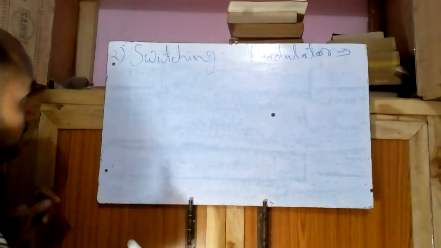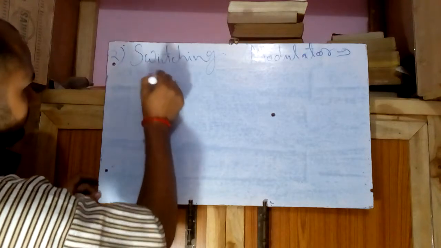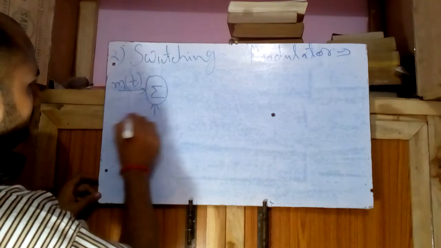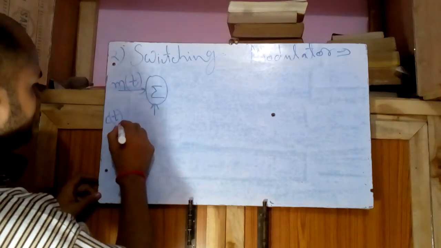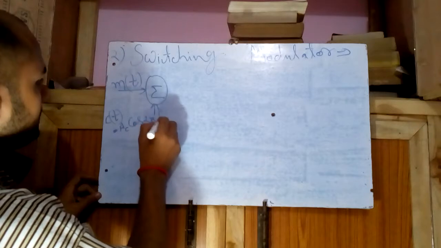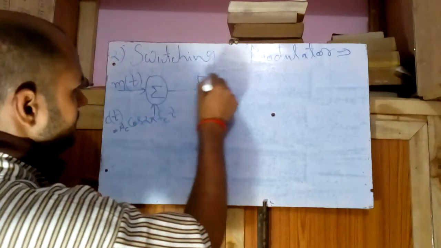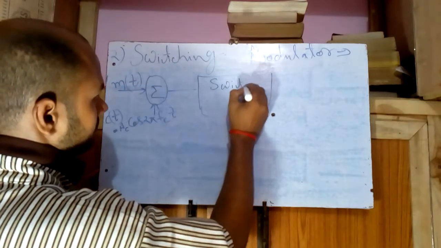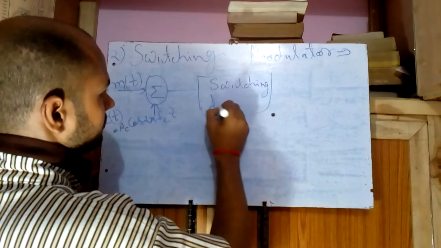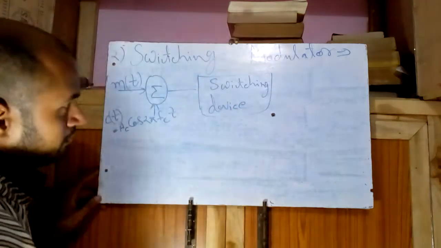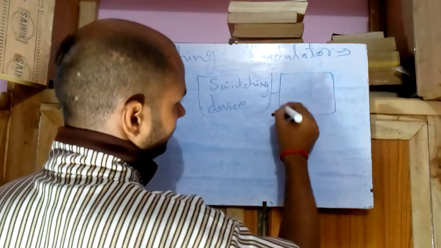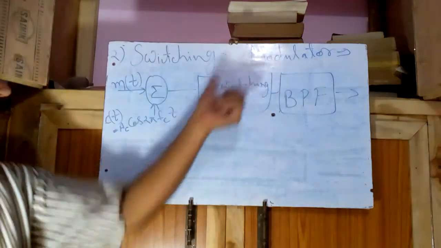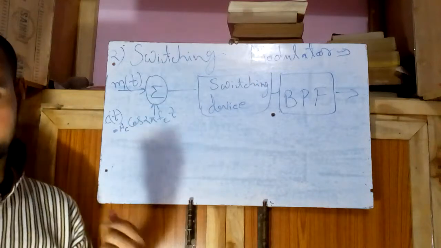In the switching modulator, again the block diagram: this is summation, this is the message, this is the carrier c(t), that is AC cos 2 pi FCT, and this is the switching device, and band pass filter. We know all about the band pass filter, and here the switching device. What is the switching device? This is again a diode.